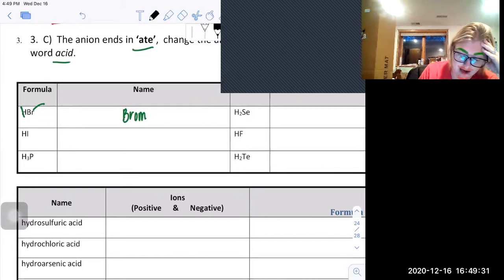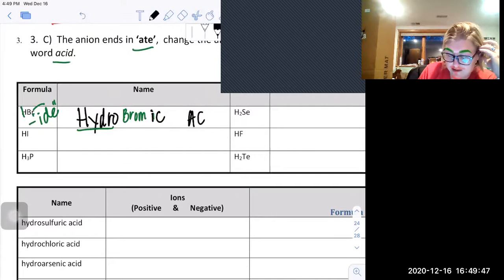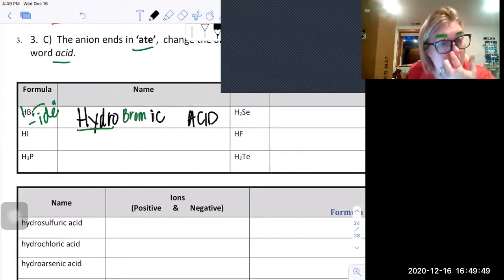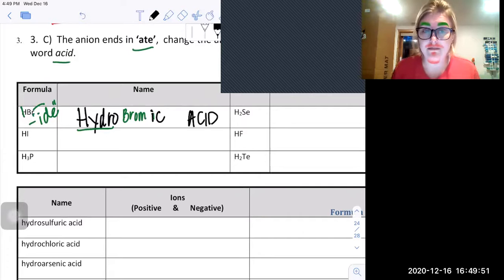Then I have to add hydro in the front because it had an IDE ending. Hydro, and then we have the IC, and then acid.